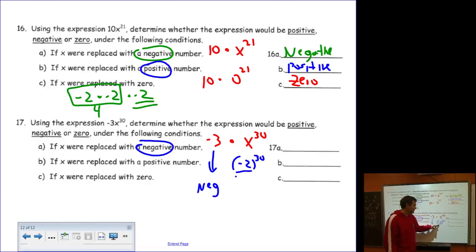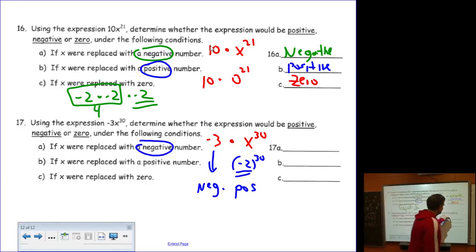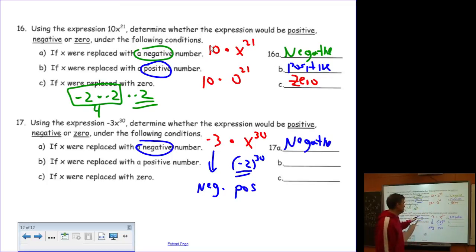a negative number to an even exponent turns positive. And so you end up with a negative times a positive, which is a negative result. If you put a negative number in place of the x, you're going to end up with a negative times a positive, which is going to be negative.